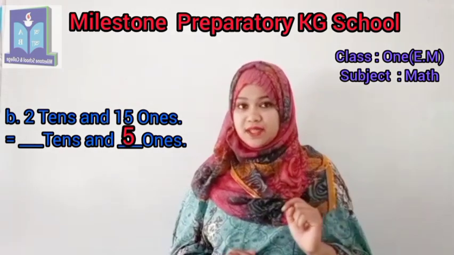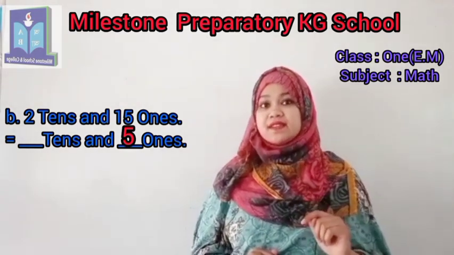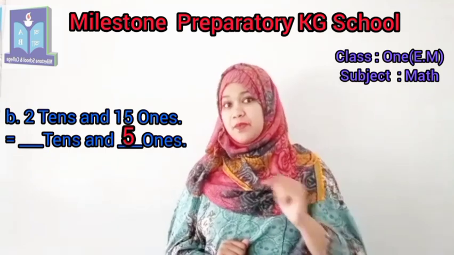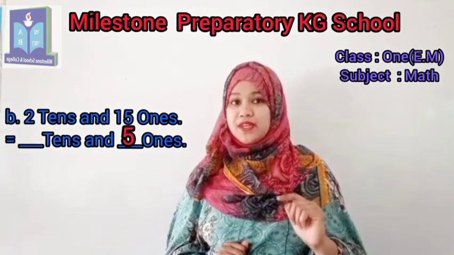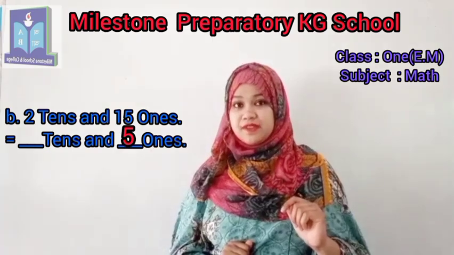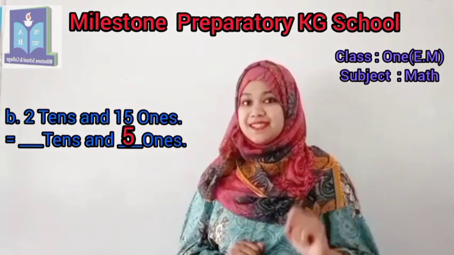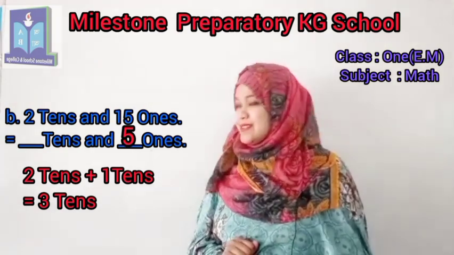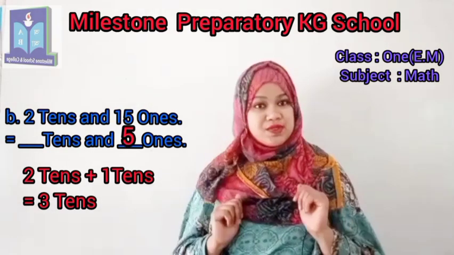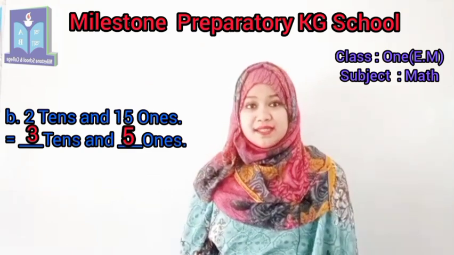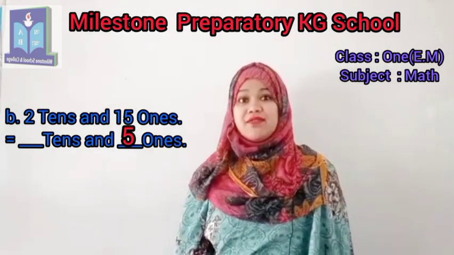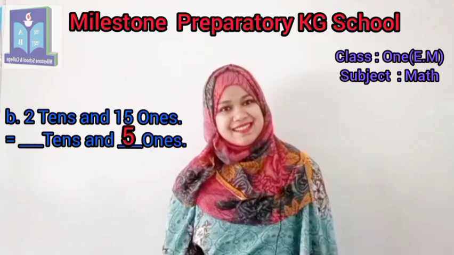And we get 1 tens. Again, we add this 1 tens with the previous tens position number. So how many tens did we have before? 2 tens. And we get now 1 tens, 2 and 1, 3 tens. So we get after regrouping 3 tens and 5 ones.